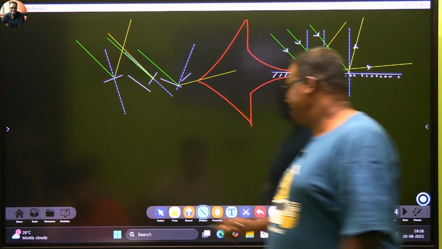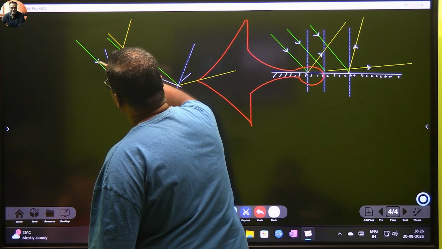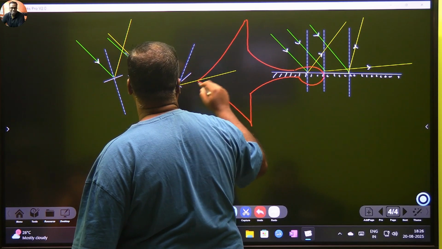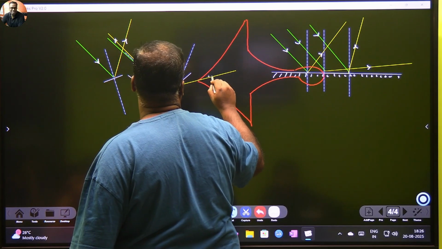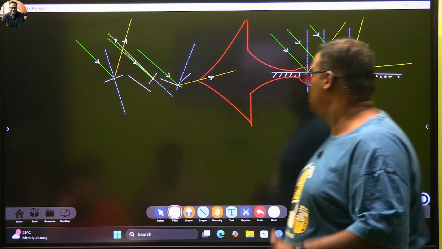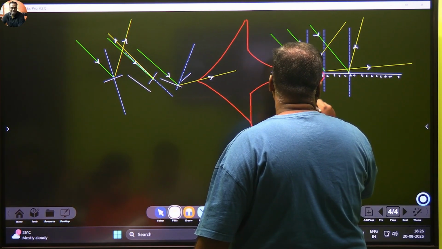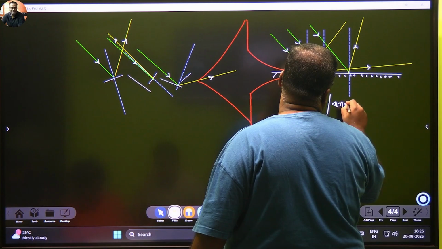See the beauty. Have you understood this? So what is happening here? The surface which you are apparently thinking is smooth is not that smooth at all. It's irregular. So diffuse reflection always happens from irregular or uneven surfaces.